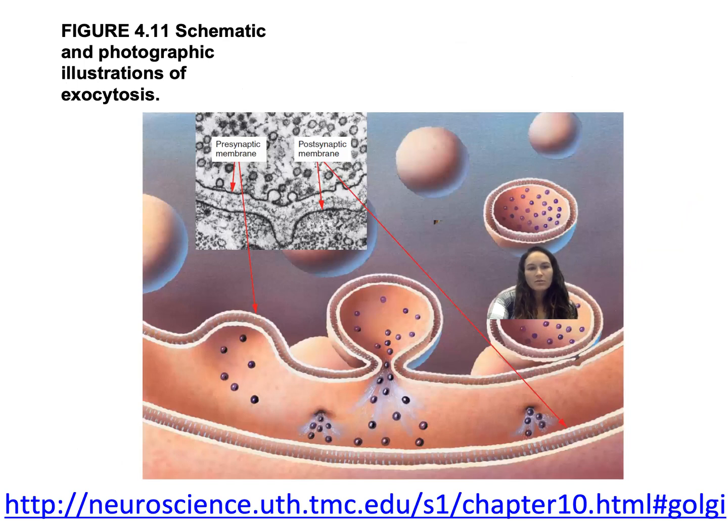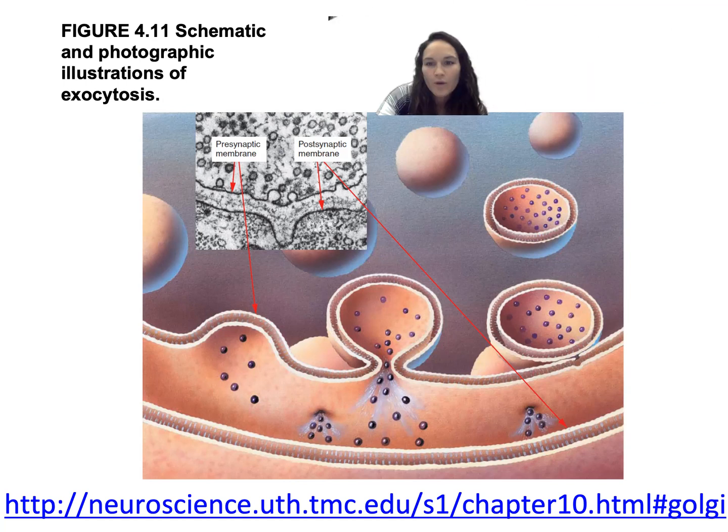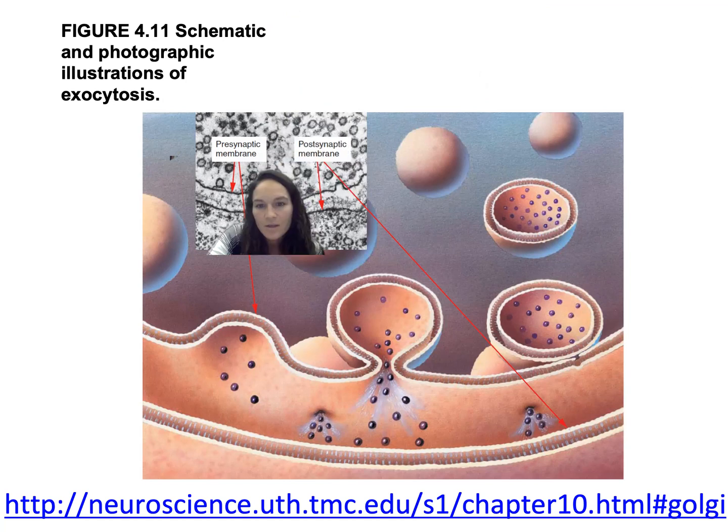So here's another image of what you can see here with the electron microscope. We see the active zone in the electron micrograph and this cartoon, and we can see what they're comparing to in terms of there's an axon, there's a vesicle here bubbling off.